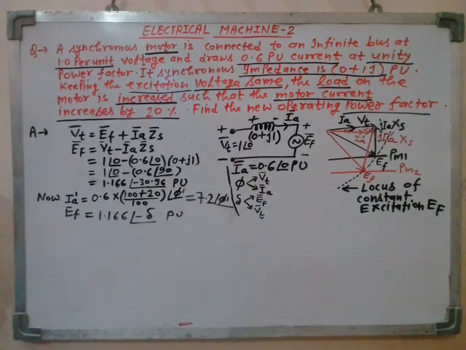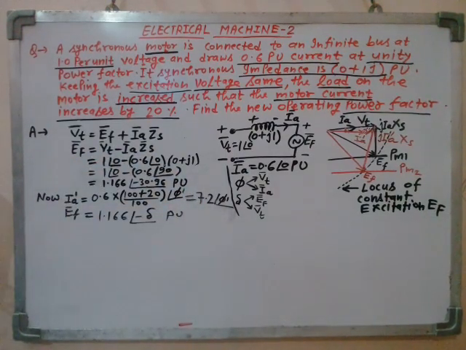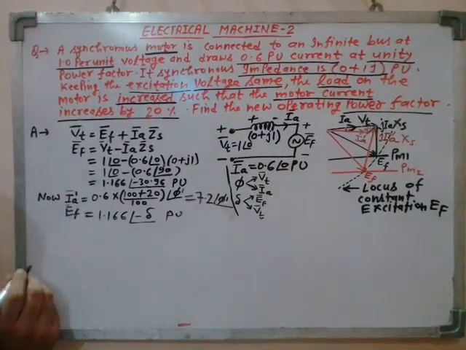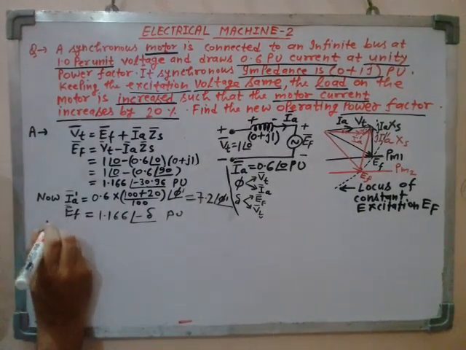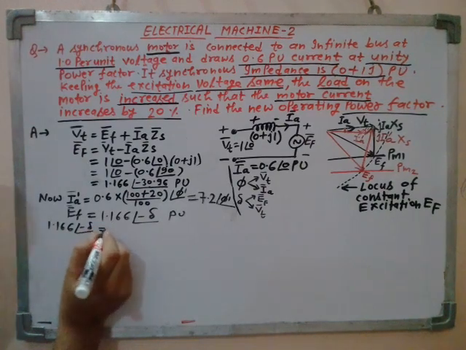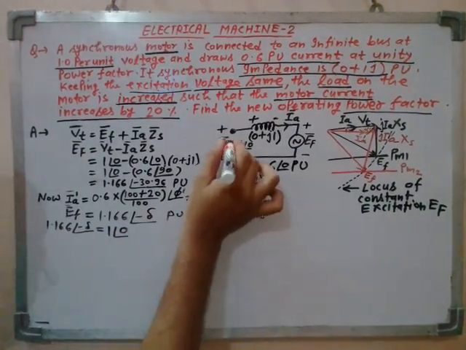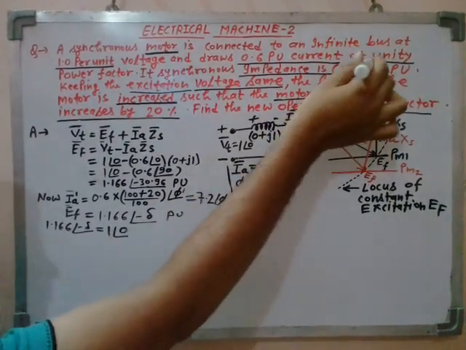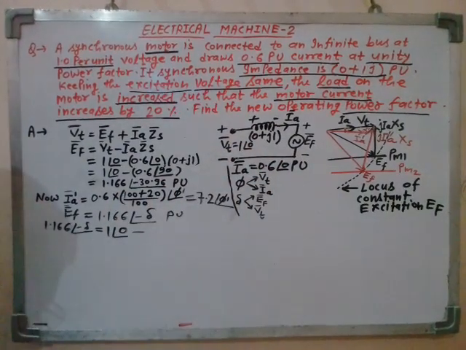Apply the same circuit equation, Ef is equal to Vt minus Ia Zs. These are all phasor quantities. So write the circuit equation: 1.166 angle minus delta is equal to the terminal voltage Vt, which remains the same. Since it is connected to the infinite bus, that is 1 angle 0, minus Ia dash times Zs.